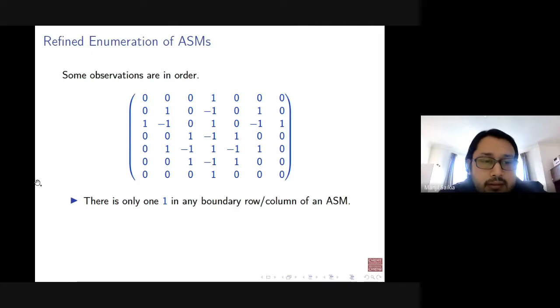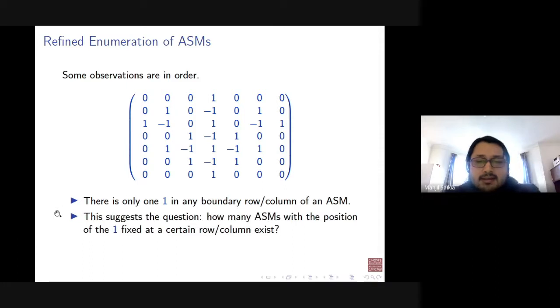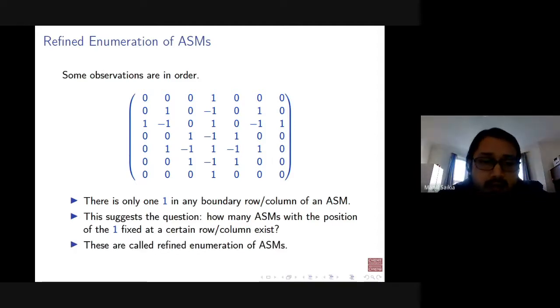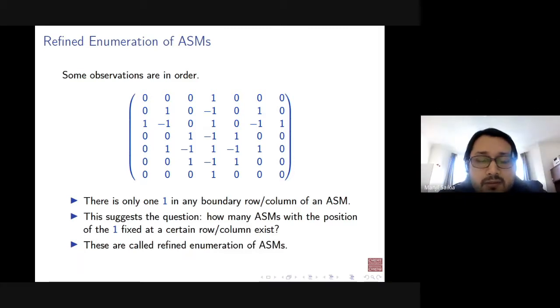So we can ask the question: how many ASMs are there with the position of the 1 fixed at a certain boundary row and column? And I already showed you a formula for this for the unrestricted alternating sign matrix case. These kinds of formulas are called refined enumeration of ASMs.